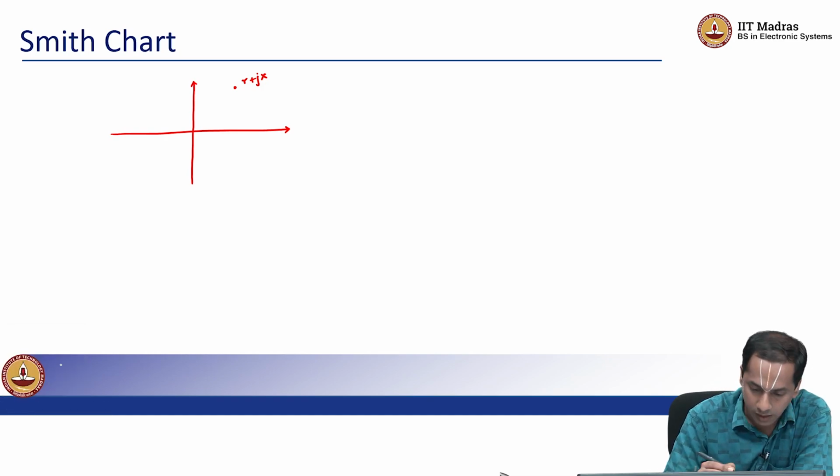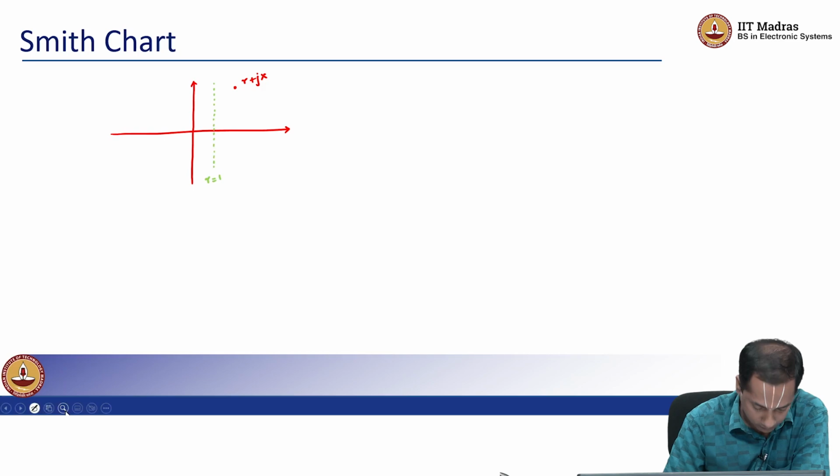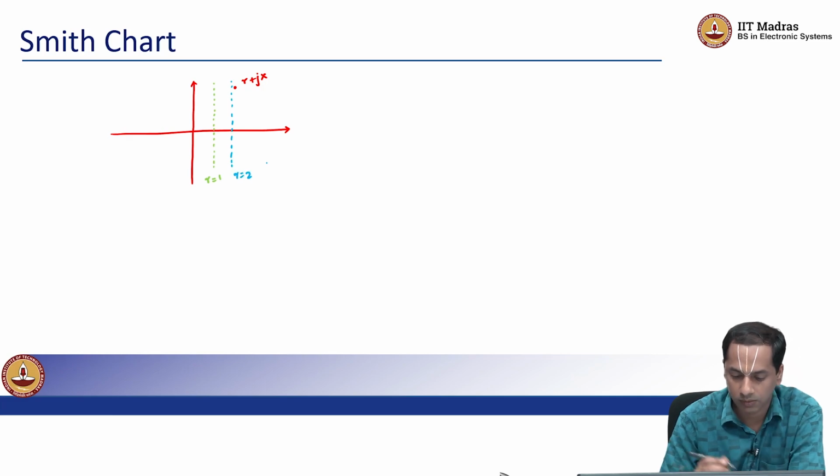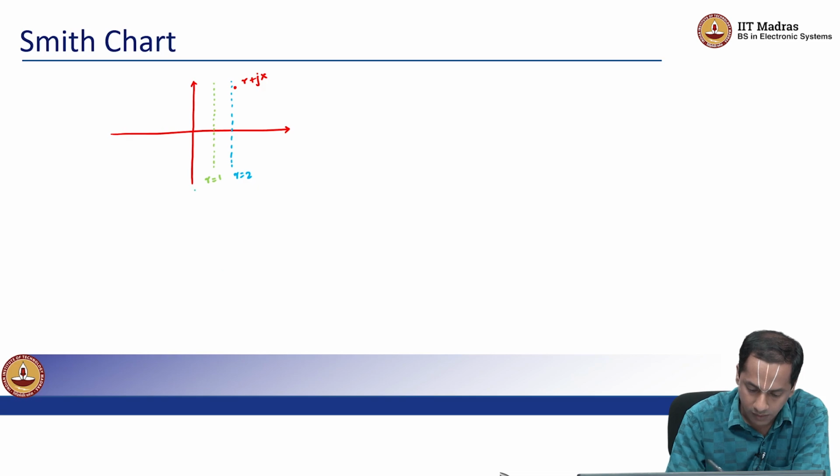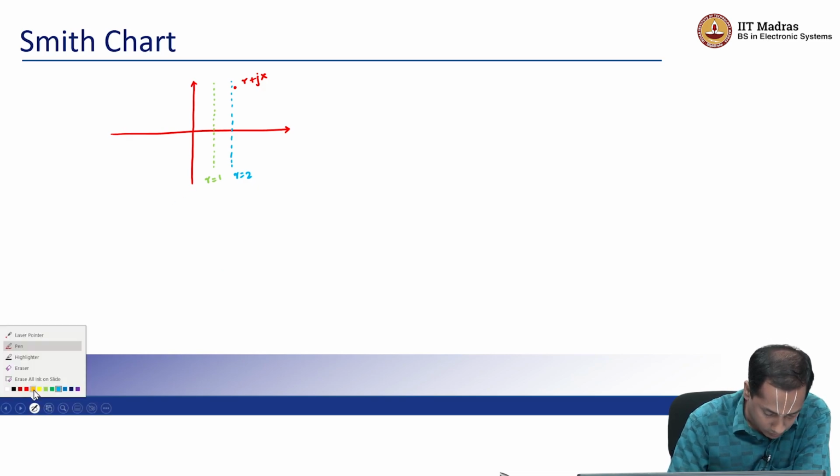So if I were to take a couple of lines and see how these lines transform, let us say this is R equals 1 and we have R equals 2. We can also look at R equals 0 for sure.